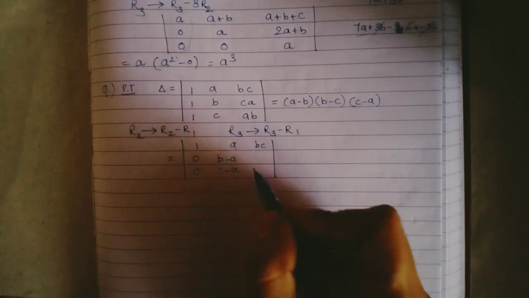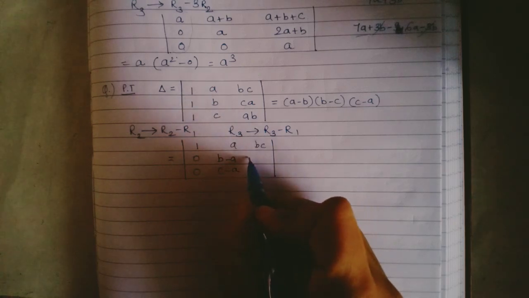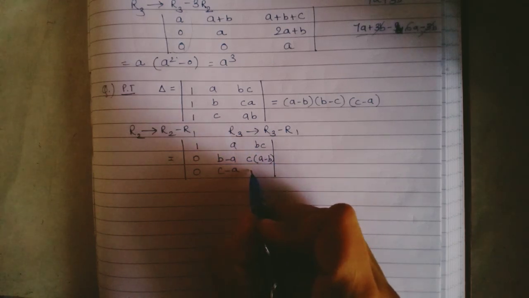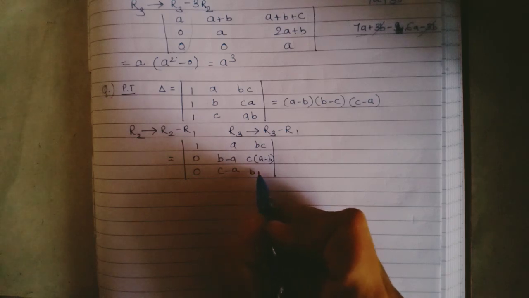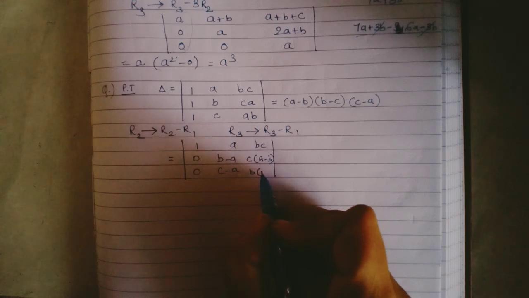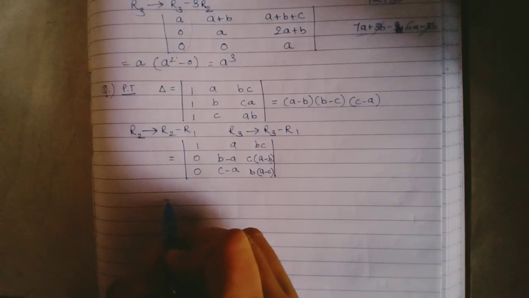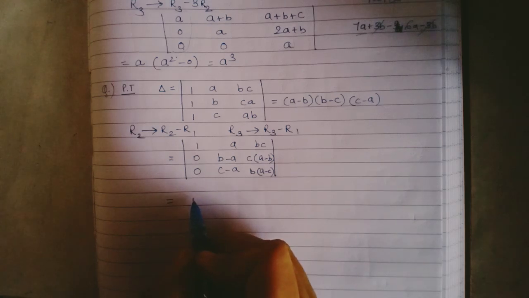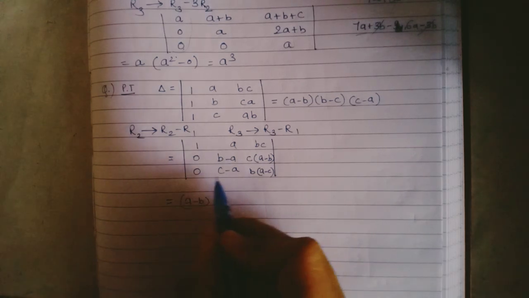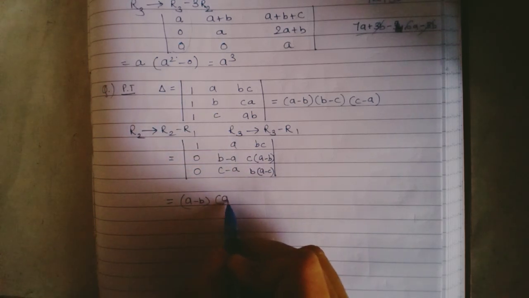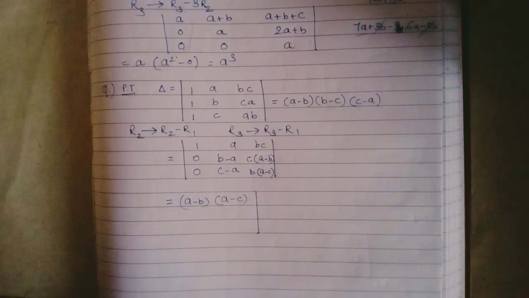Next here it will be CA minus BC, so I'm taking out C, so it will be A minus B. Again here it will be AB minus BC, so you can take out B, and you'll get A minus C. In the next step you can take out A minus B from R2 and A minus C from R3.